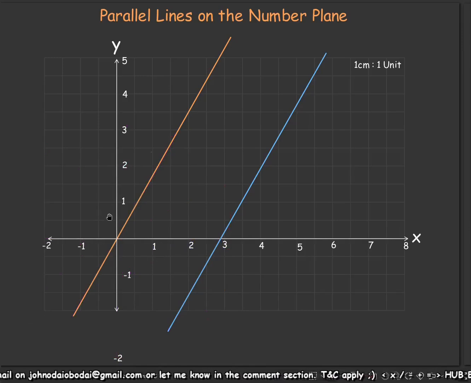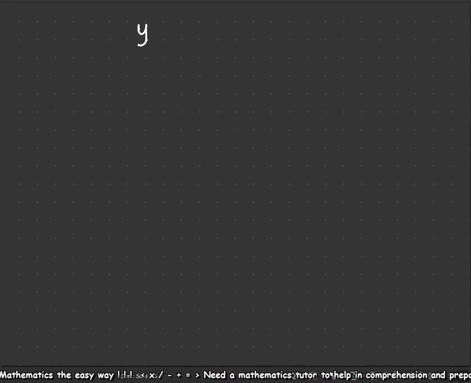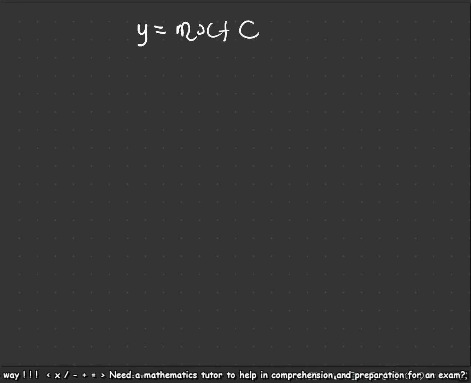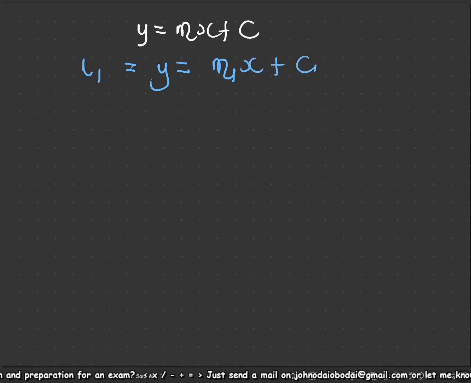Now let's look at how we solve questions relating to this. We know the slope equation of a straight line is given as y = mx + c. For that matter, let's take two lines. For line 1, y = m1x + c1.